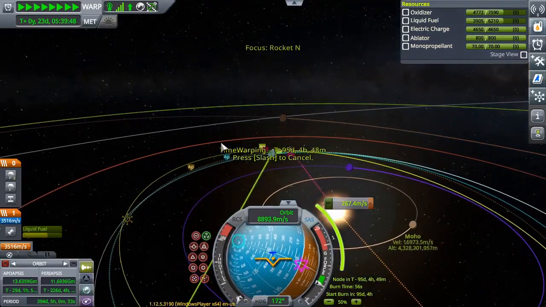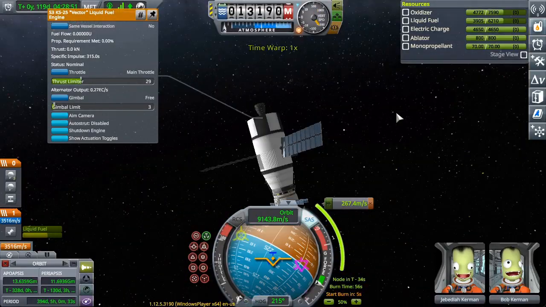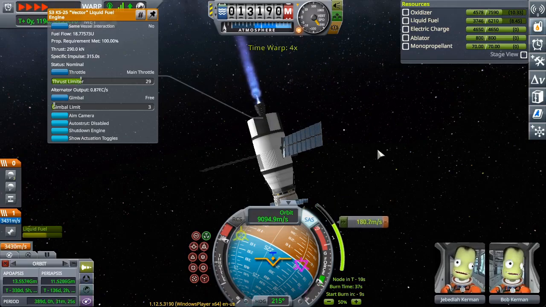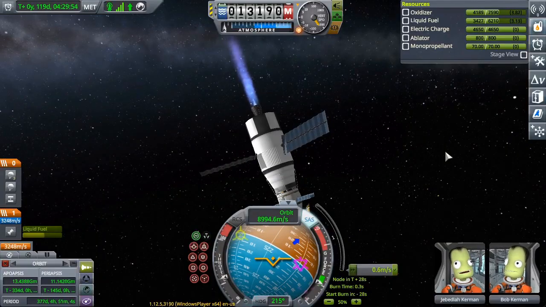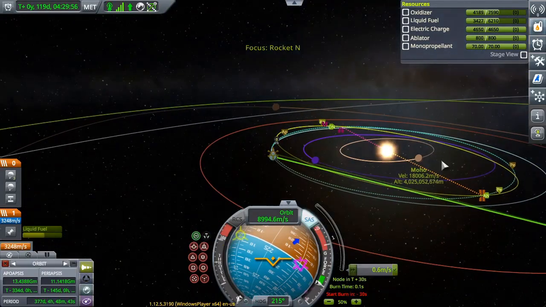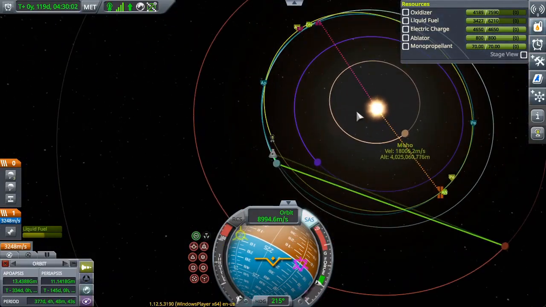So I'm just time warping. 4, 3, 2, 1, 0. Alright, and then I'm just gonna put it in 4 times physics warp. Okay, that's close enough.